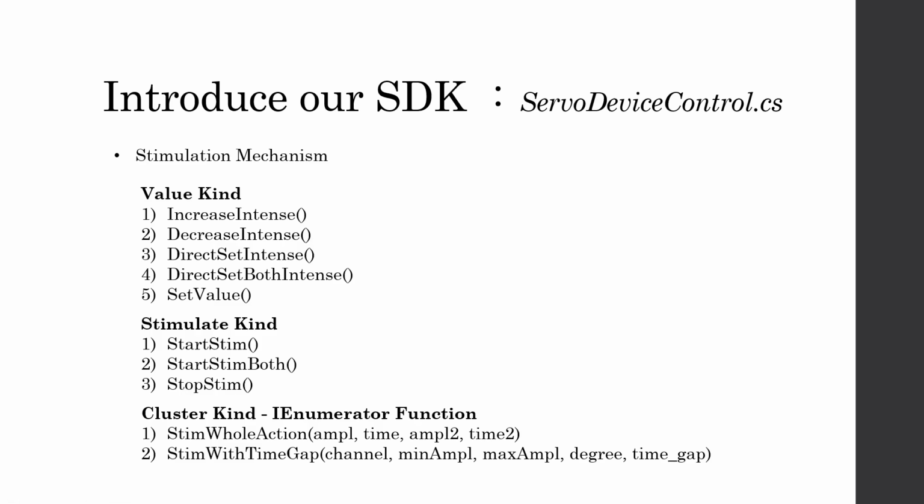And if the start stim duration is very long, and you want to stop the stimulations whenever a situation happens, you can call these stop stimulation functions to stop one channel.